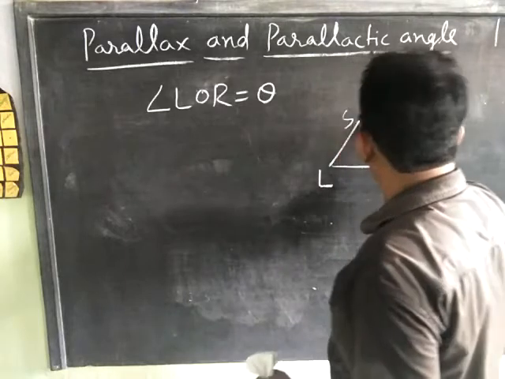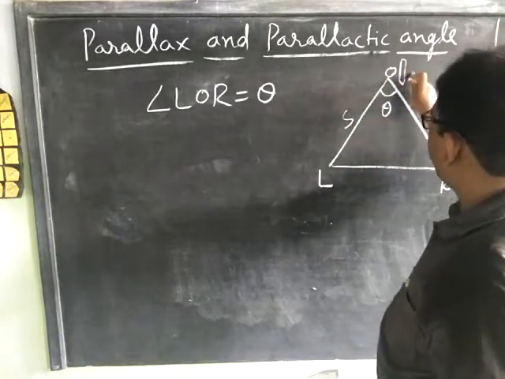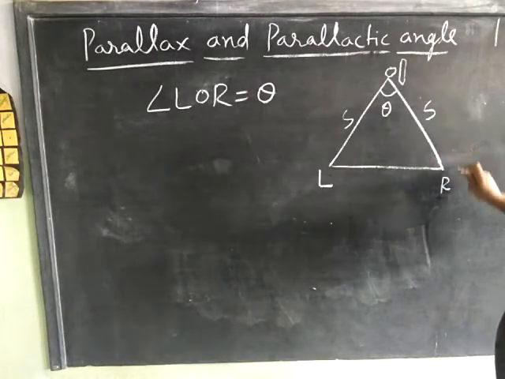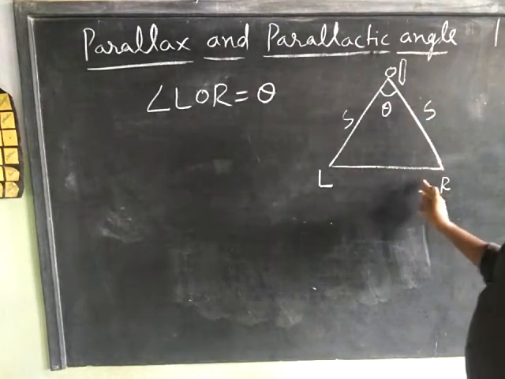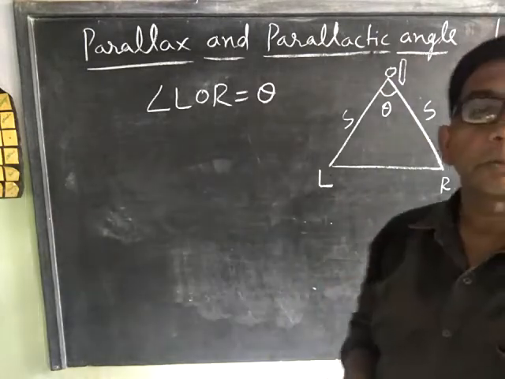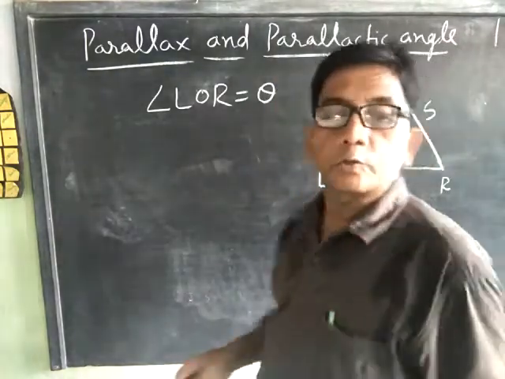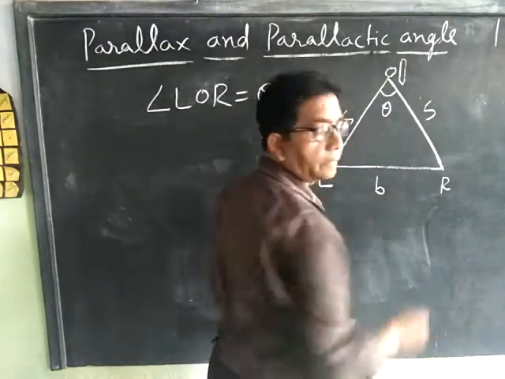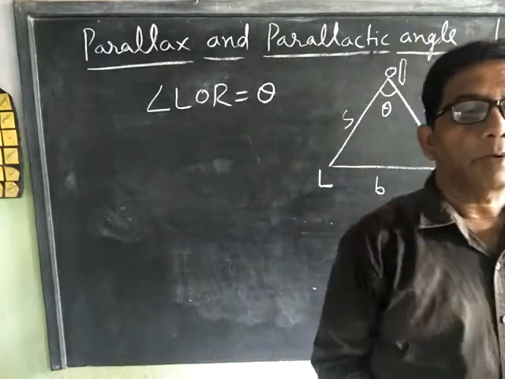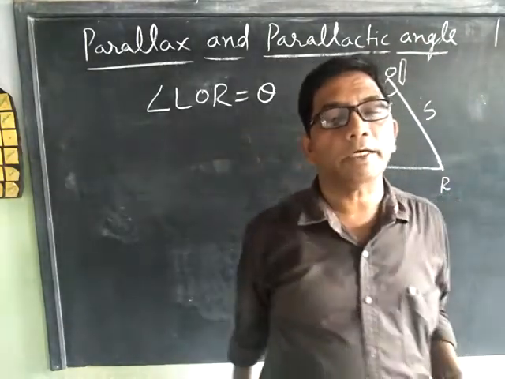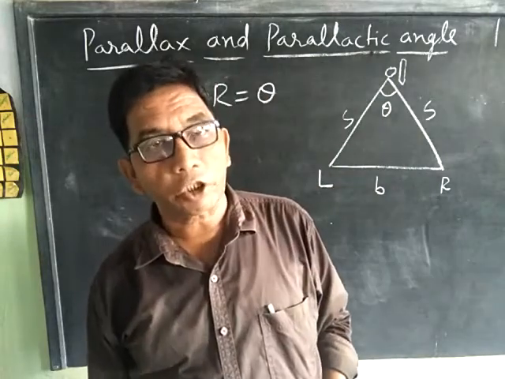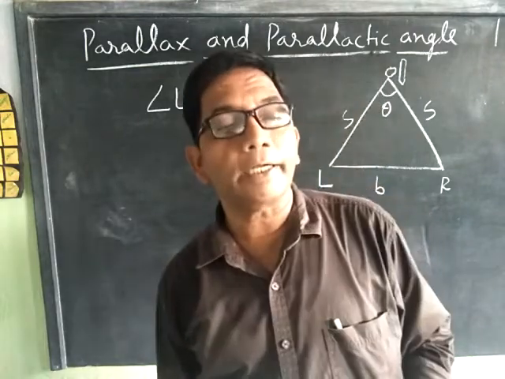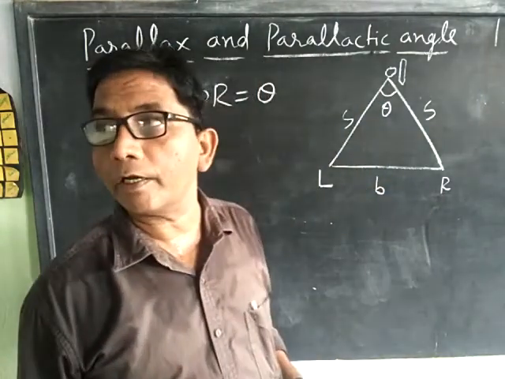Suppose this is the distance S of the pen from the left eye. The distance LR is known as the basis, B. By this method we can measure distances of stars which are less than 100 light years away from the earth.